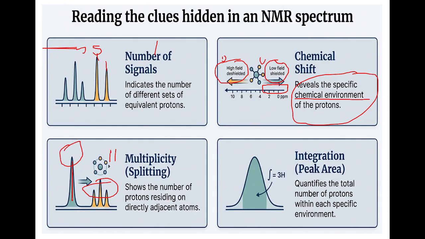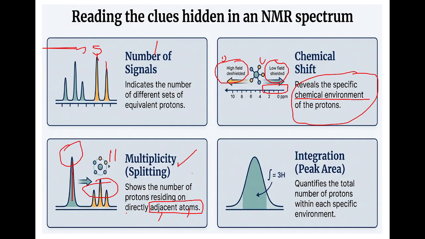So it shows the number of protons residing on directly adjacent atoms, adjacent carbons. Adjacent is neighbor, next to. That's how we find out the number of signals, where the signals reside, and what the neighbors are.